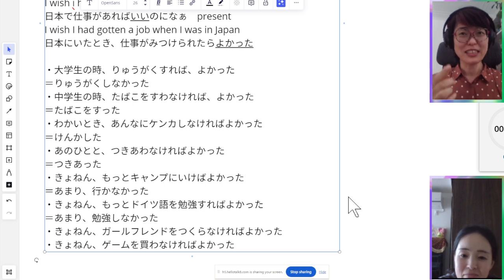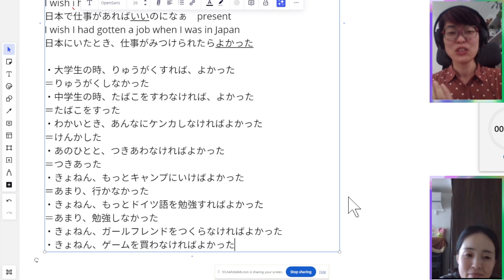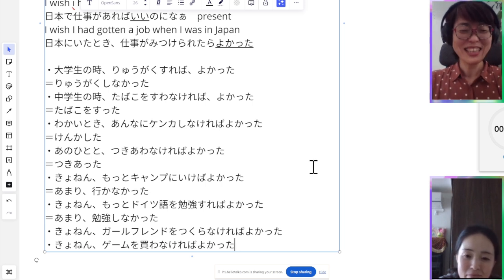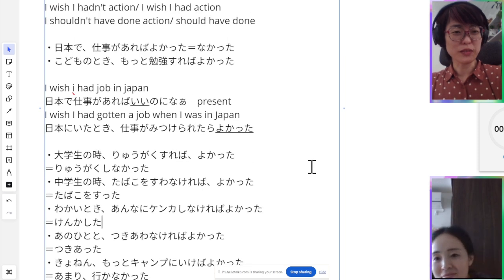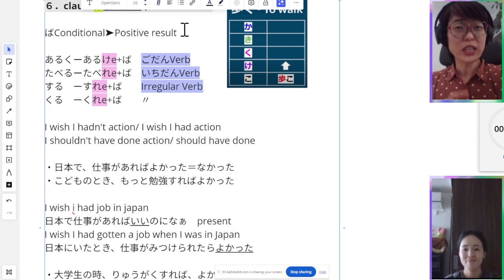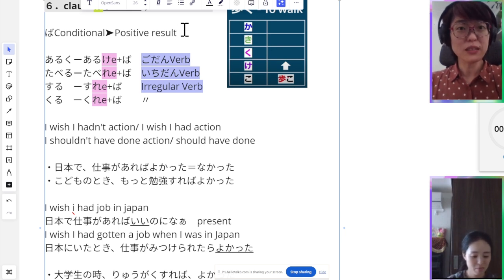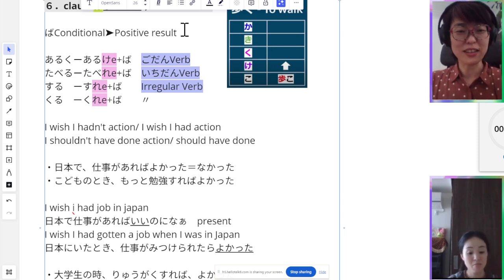Okay, so you see here, we regret past actions because よかった is past. So you have to regret the past. That's the ばよかった conditional. But let's go back. Ideally, we use the positive result. その通りだね。去年彼女を作ったらよかった.